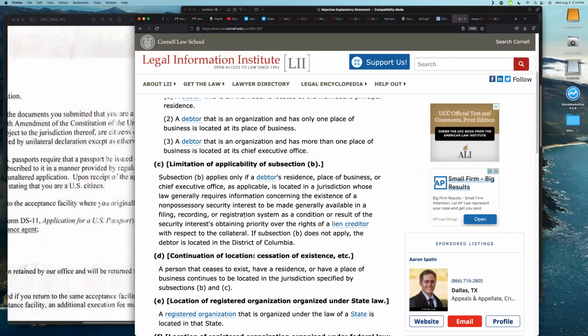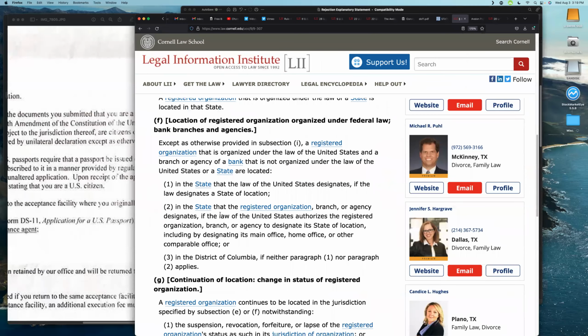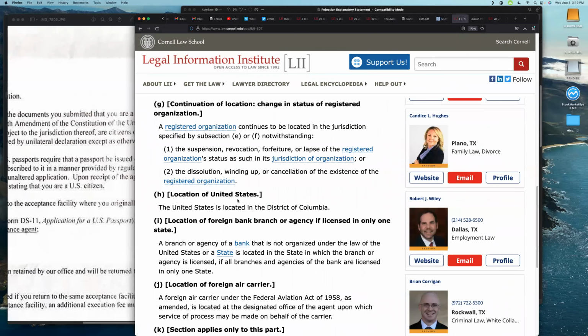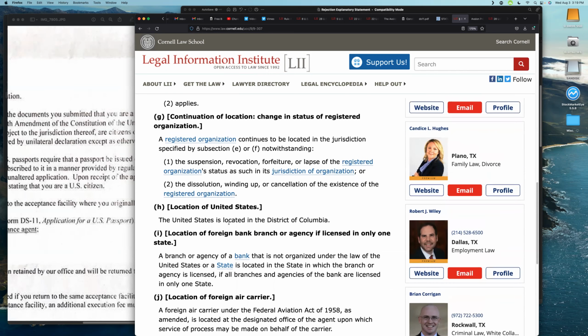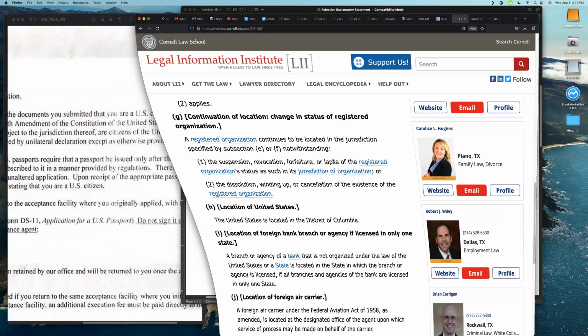If we go down to section H, it tells you the location of the United States is located in the District of Columbia. So how can I be a United States citizen if I was born in Georgia? See, that only happens if I accept the assumption that I am a subject thereof. Do you see that? Let's continue.